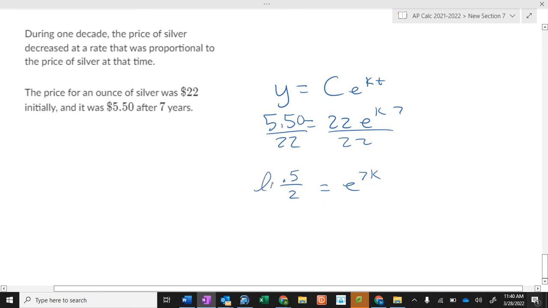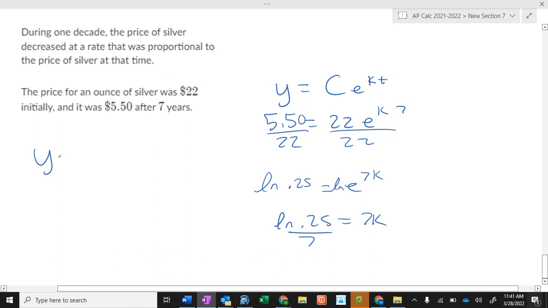ln both sides. So the ln of 0.25 equals 7K, divided by 7.